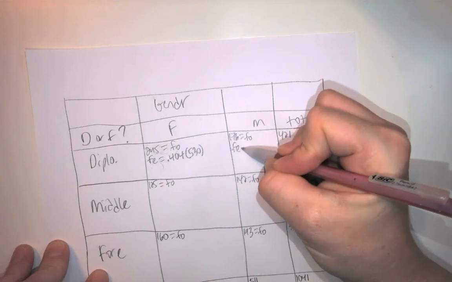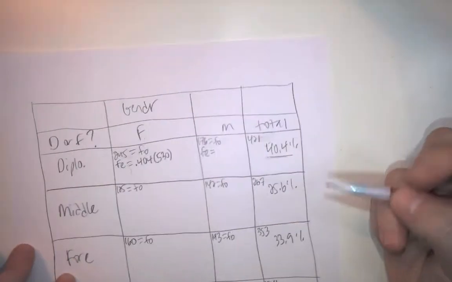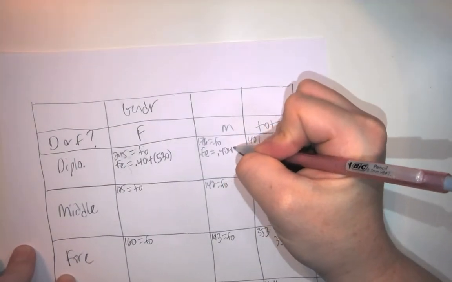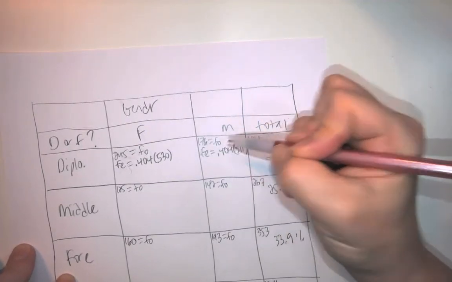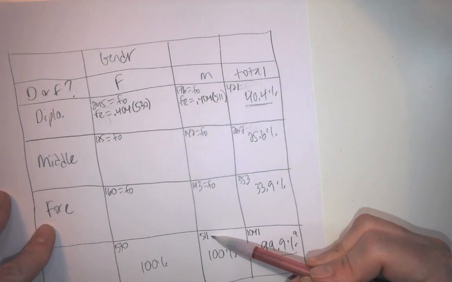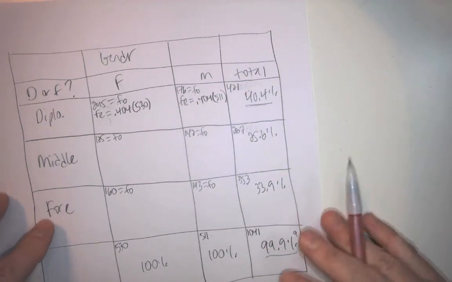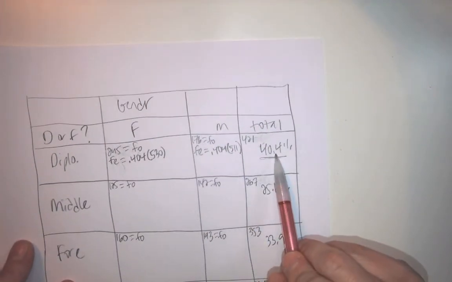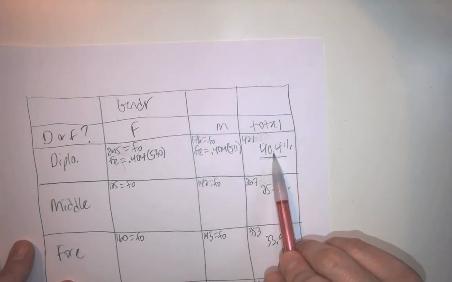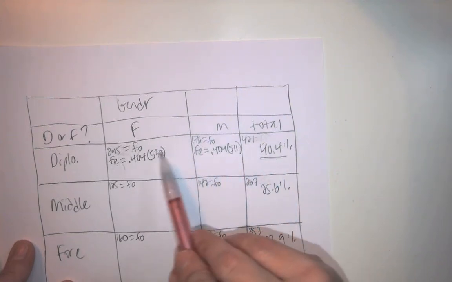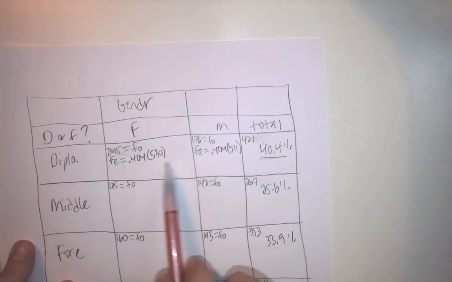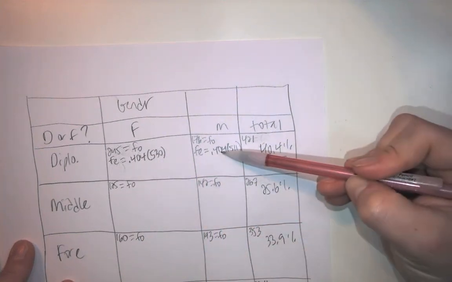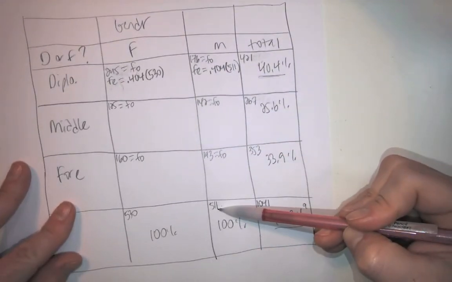The expected frequency for men is going to be 0.404 times 511 because there are 511 men in this sample. So your total percent is what you use to calculate your expected frequency across your categories of your independent variable, but you have to multiply that by the actual total in that particular category.